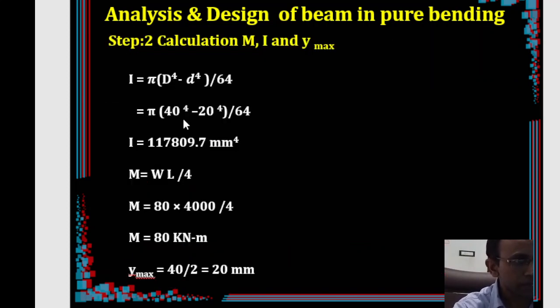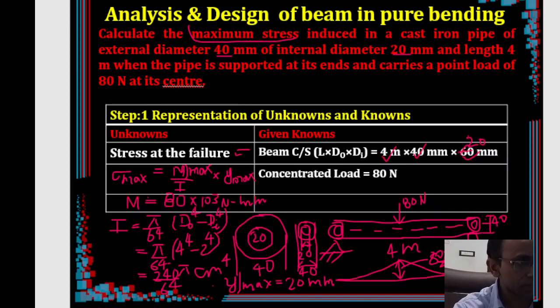So I is what we have calculated. Both are the same. If somebody wants, you can just check it. 240 times pi by 64. How much did you get? 11.78, right?